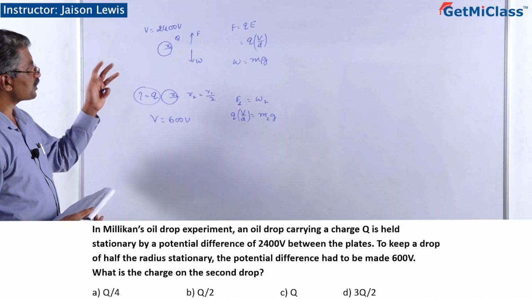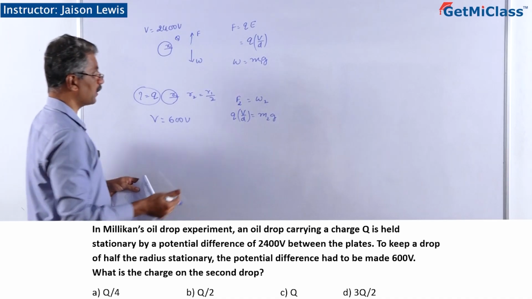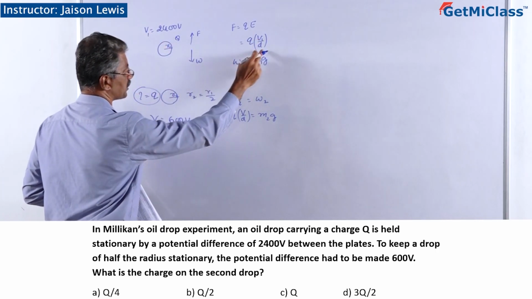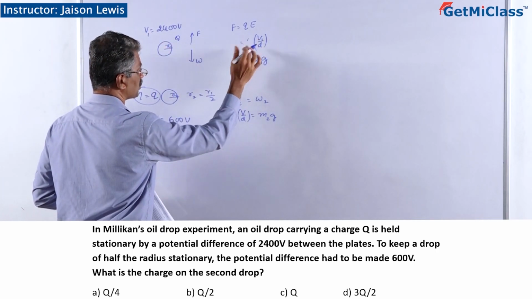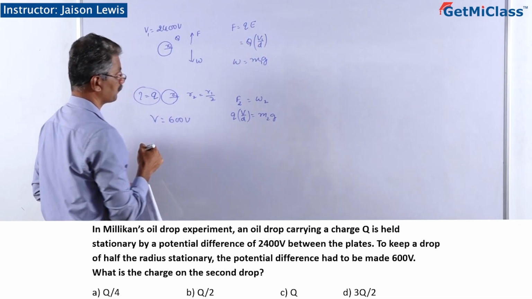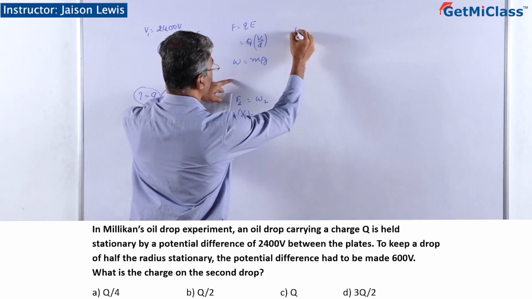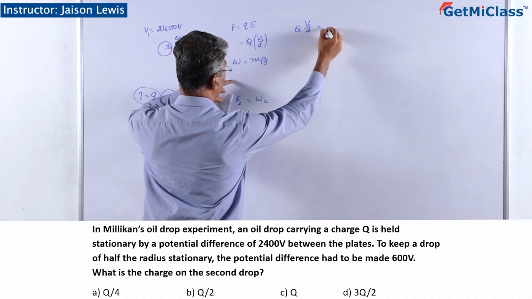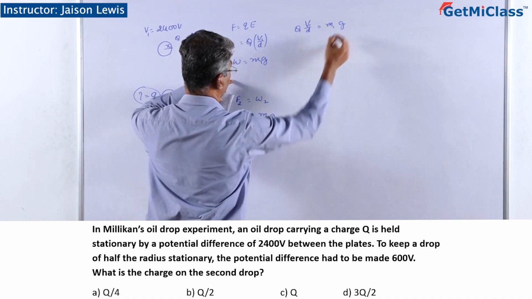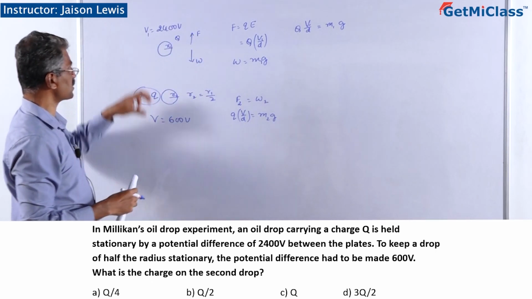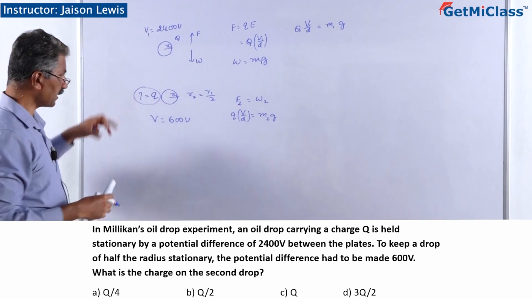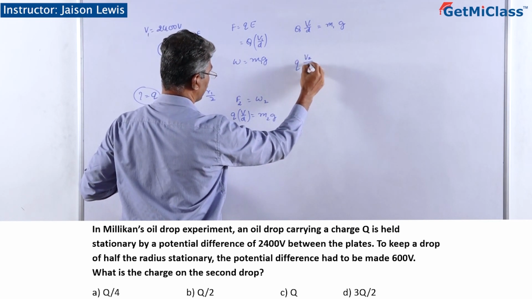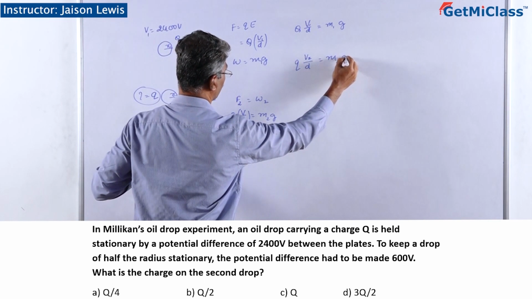Now the parameters which change here: in the first case the potential is V1, separation is the same, and the charge is capital Q. Therefore you can rewrite Q V1 divided by D is equal to m1 into g for the first case. For the second case, it is q V2 divided by D is equal to m2 into g.